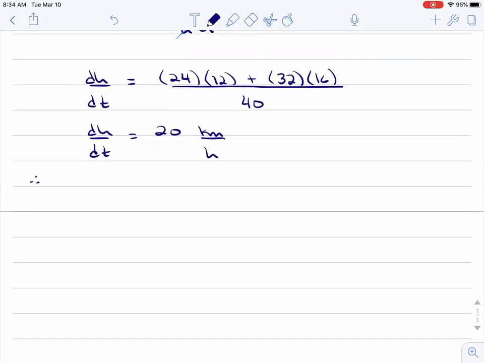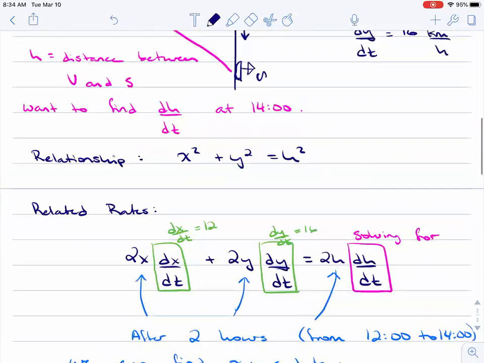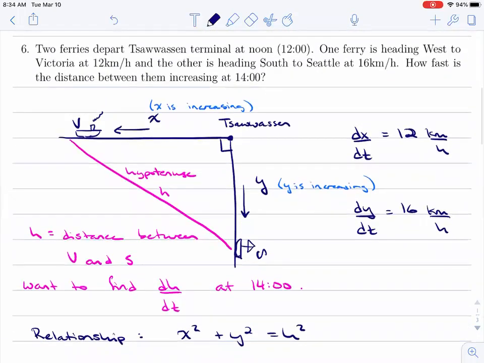Remember when we're talking about rates, we have to establish if the rates are increasing or decreasing. Thinking back logically, if these two ferries are starting at the same point and they're moving away from each other, then the distance between them is increasing.